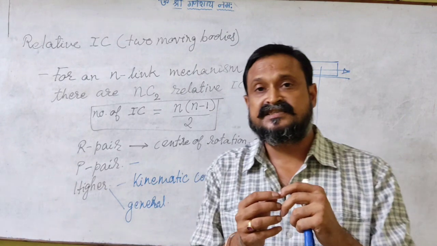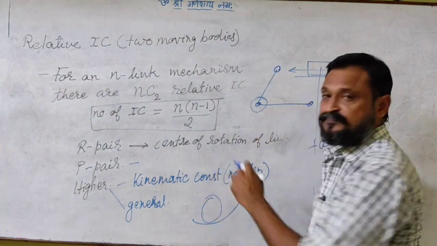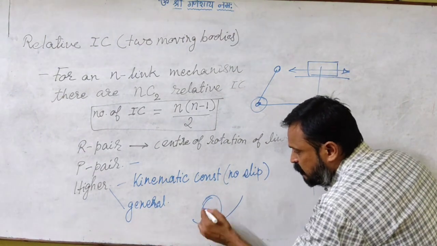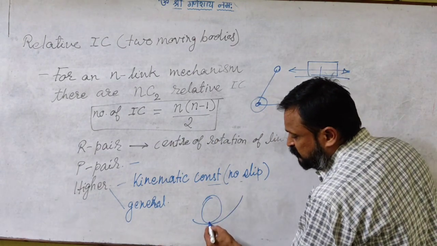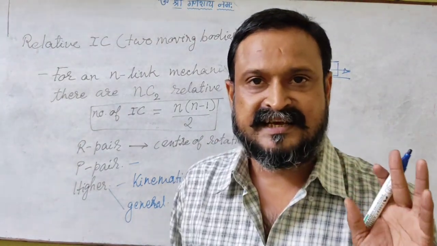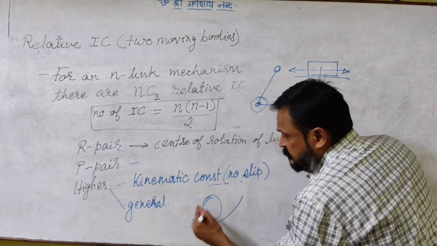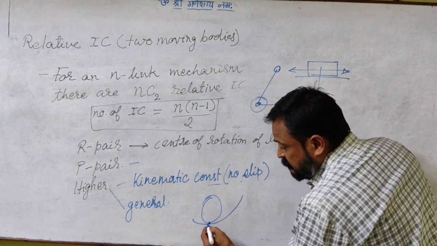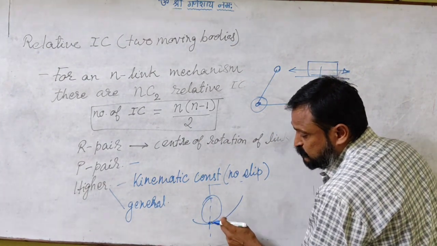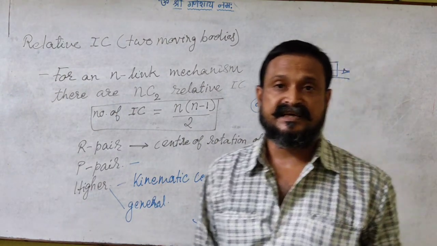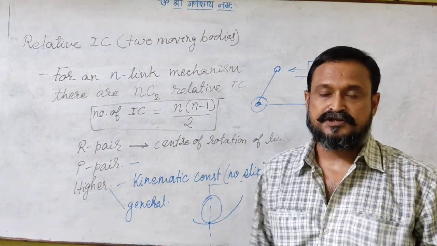For example, if this is one body and this is rolling on this body, if it is with no slip, then the point of contact will be the instantaneous center. But if slip is allowed, then the instantaneous center will lie on the common normal of these two curves.